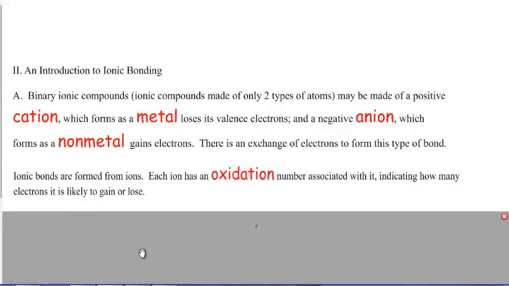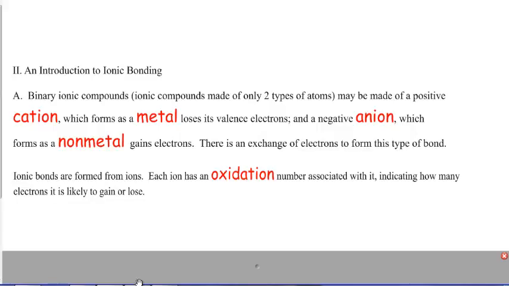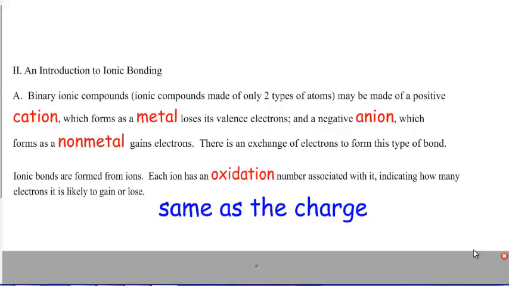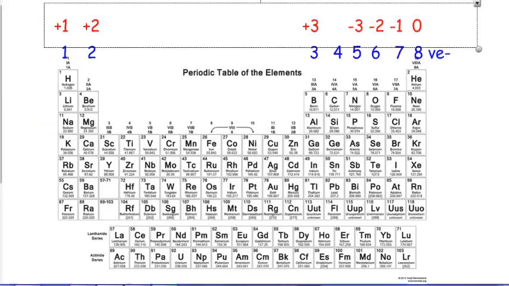Ionic bonds are formed from ions. Each ion has what we call an oxidation number associated with it, indicating how many electrons it is likely to gain or lose. The oxidation number really is the same thing as the charge that we talked about in the last unit. So if you recall, alkali metals have 1 valence electron, which they lose to become a positive 1 charged ion.